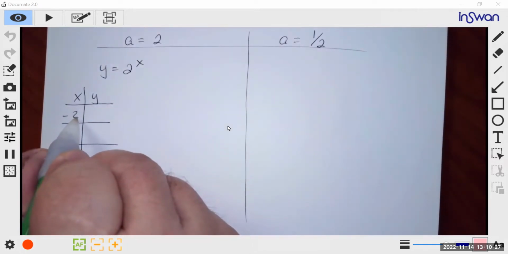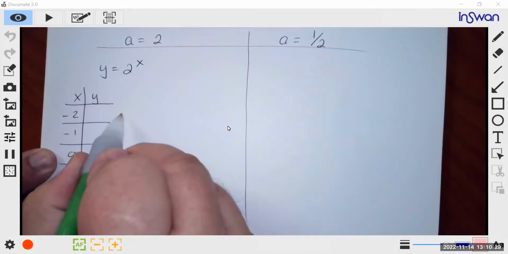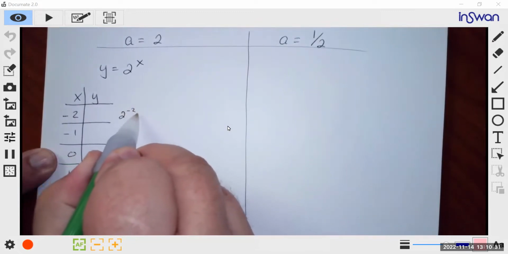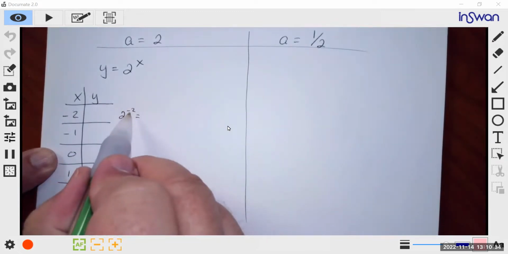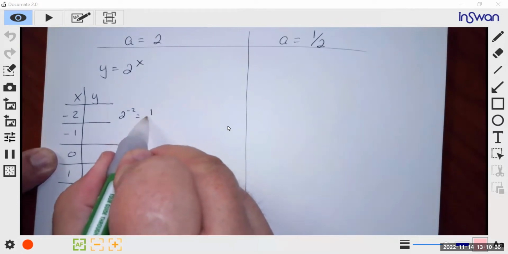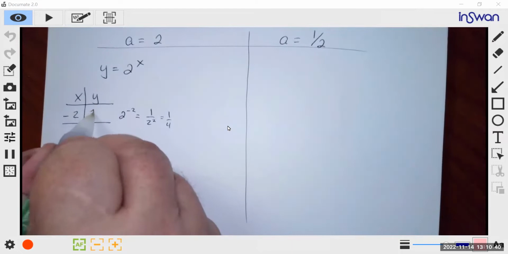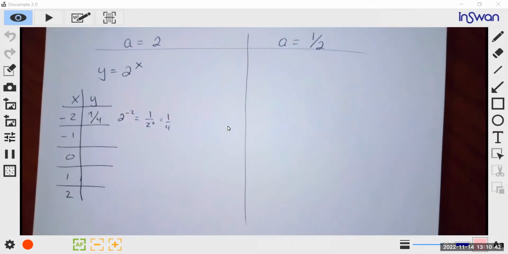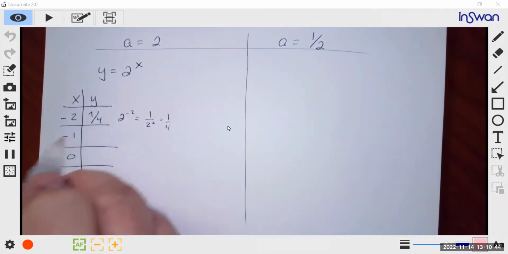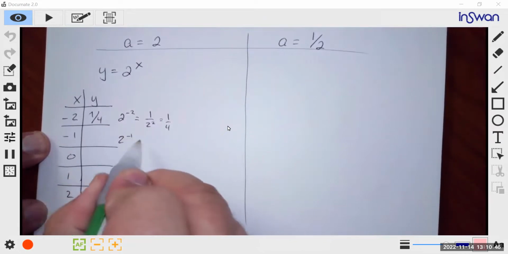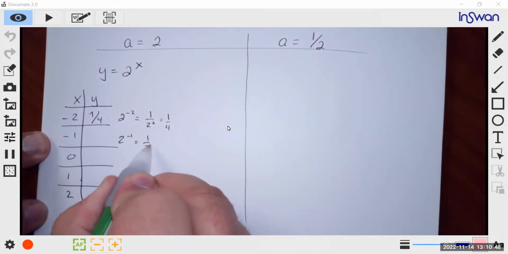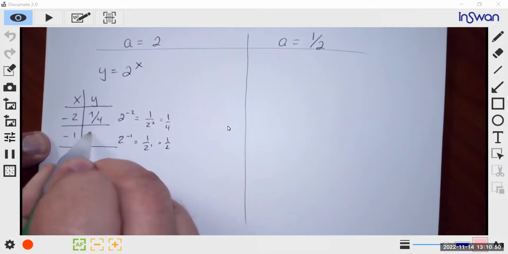So if x is -2, I have 2 to the power -2. What does that -2 power mean? It's on the bottom. So 1/4 is my first point. When x is -1, that means 1/2 to the first, which is 1/2.